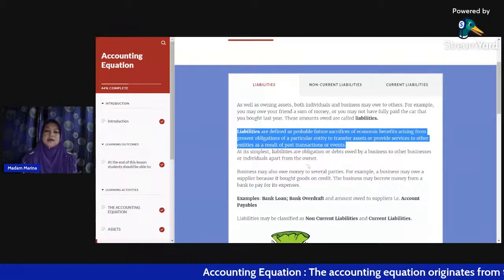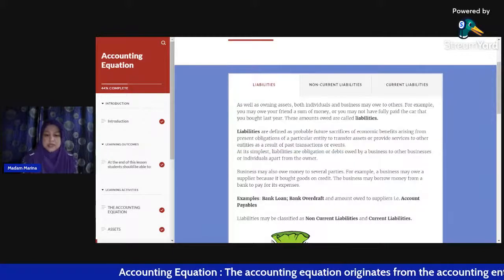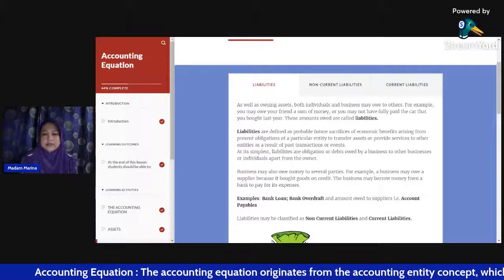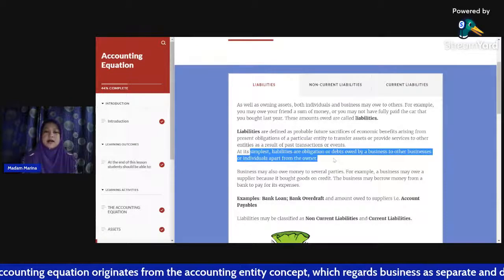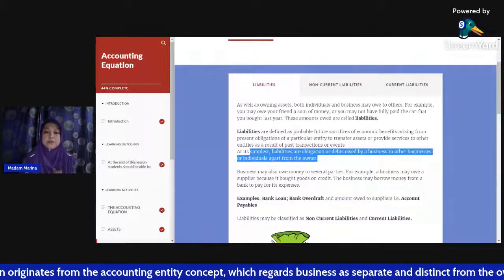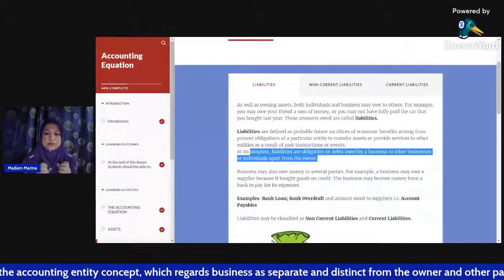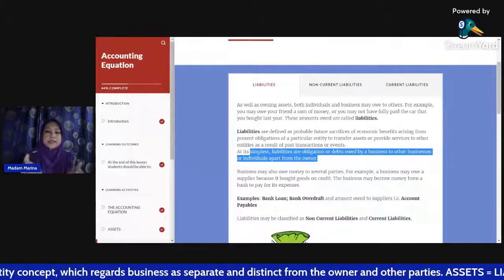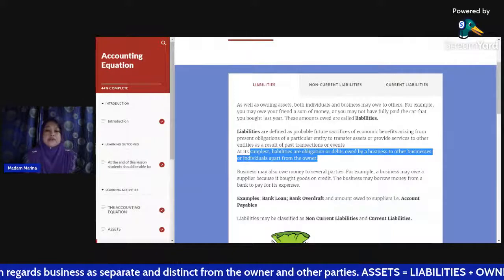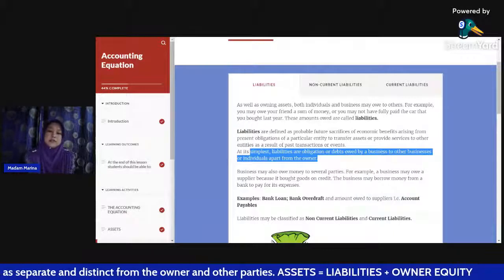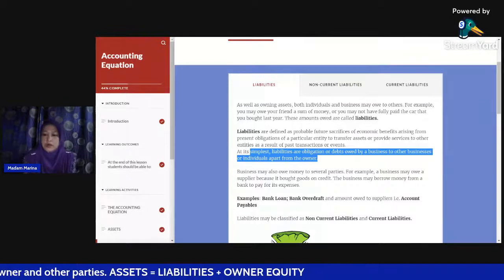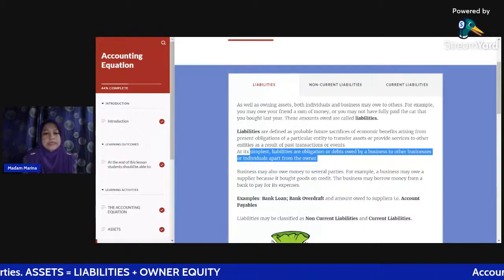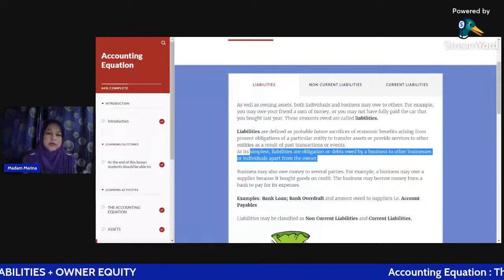But the simplest way to define liability is, liabilities are obligation or debts owed by a business to other businesses or individuals apart from the owner.